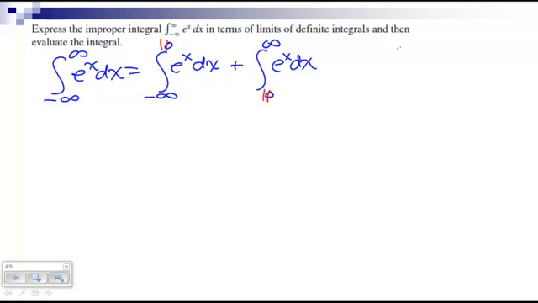Okay, now that we've broken it up that way, now what does the book want you to do?